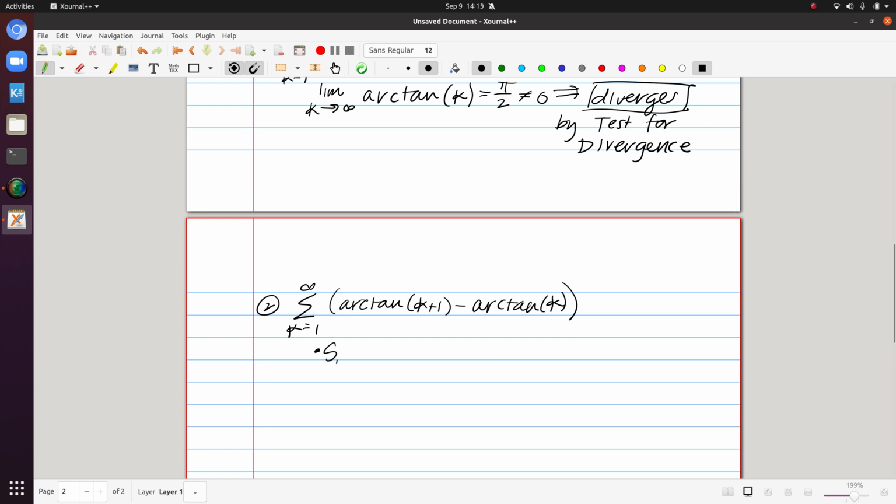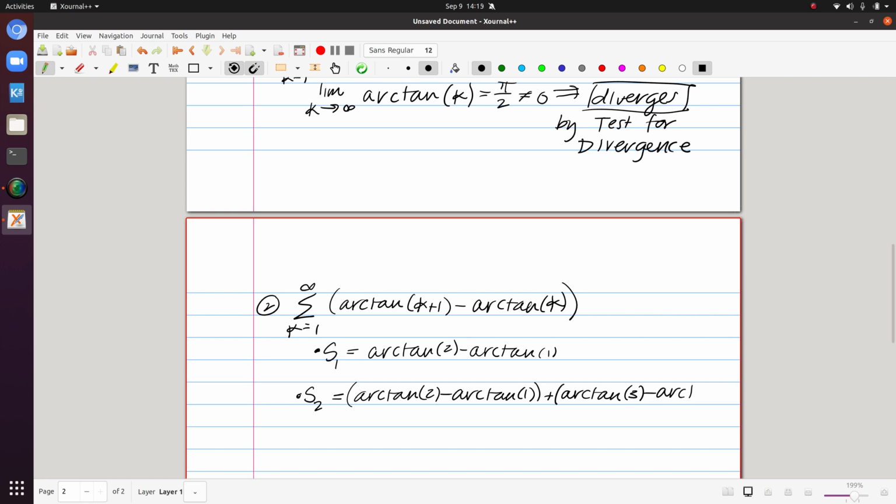So the first term would be arctangent of 2 minus arctangent of 1. The second partial sum would be that first term plus the second term. And as soon as I get to the second term, we already encounter cancellation.